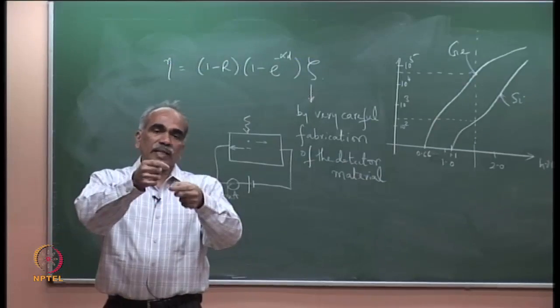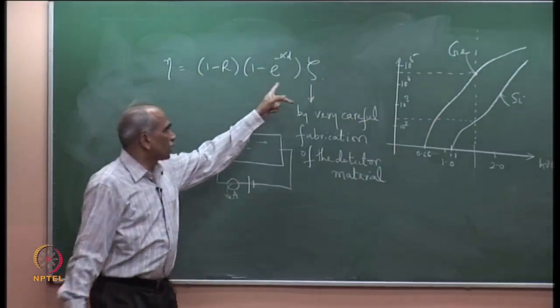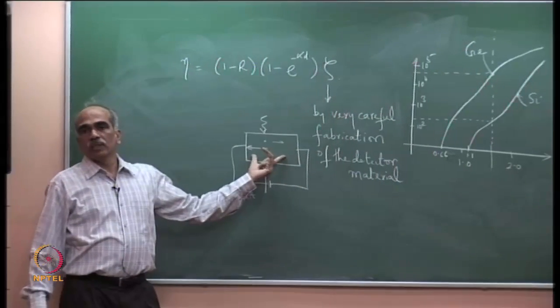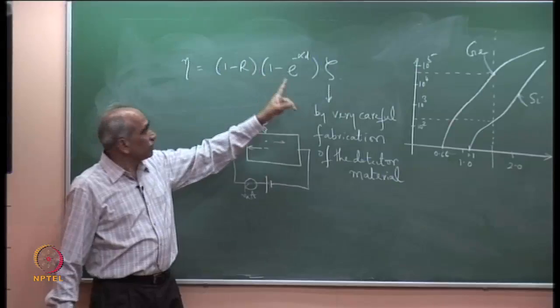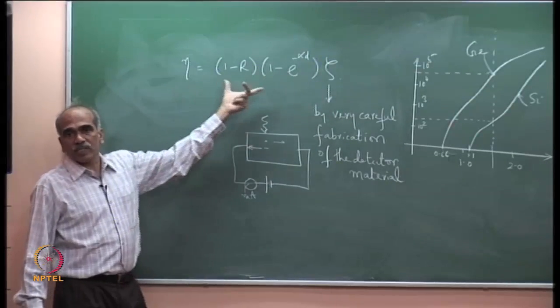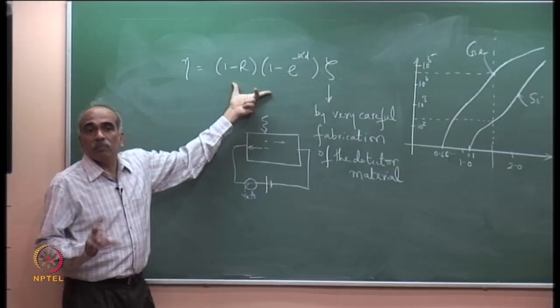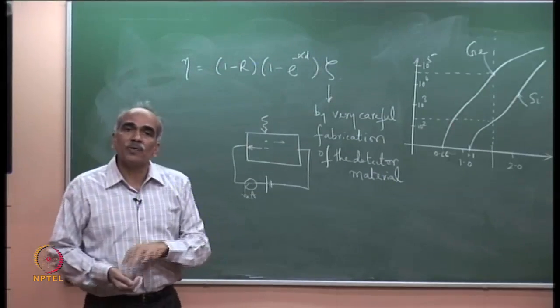If the generated carriers are immediately swept apart, then you are likely to collect them and it contributes to the current in the circuit. So, considering each one of them, please see how I have built the expression for eta just from definitions. There is nothing to remember here, it is just from definitions.